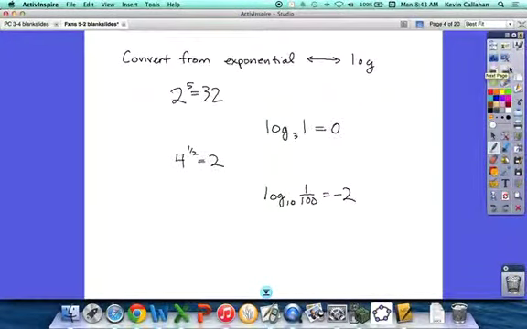So let's go back and forth a couple ways. There's going to be some homework that are just like this. How could I rewrite this exponential as a logarithm? 2 to the 5th equals 32. And what would be the base of the logarithm? Whatever the base of the exponential is, so that's a 2. And what does the logarithm equal?